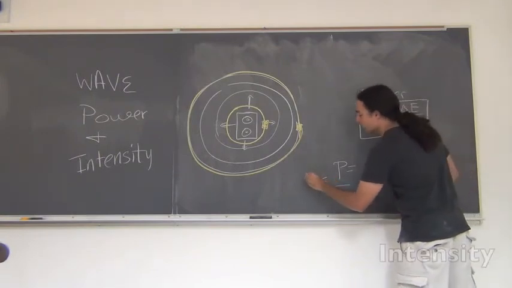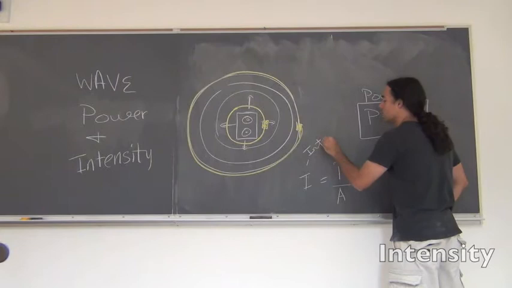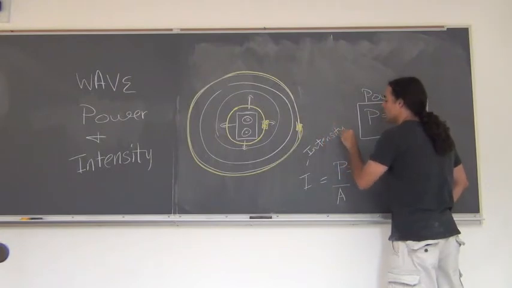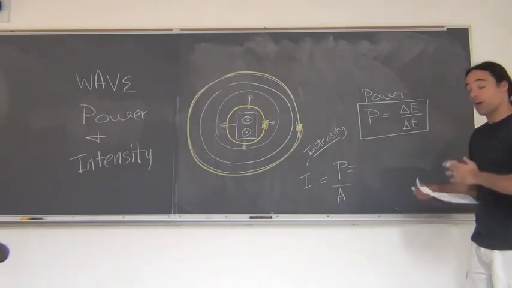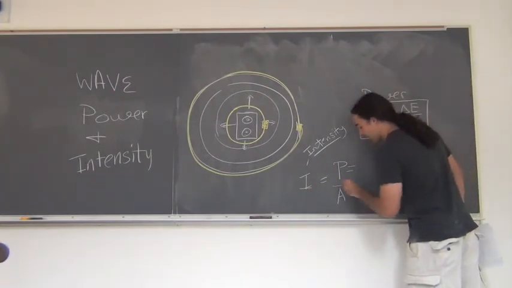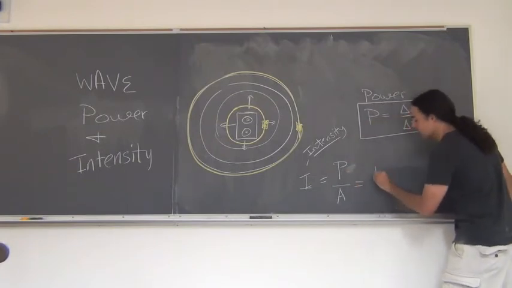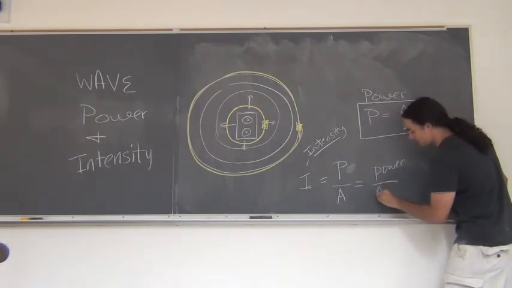We call this the intensity of the sound, or the intensity of the wave, because light has an intensity as well. This works for more than just sound waves. So the intensity is the power per unit area.